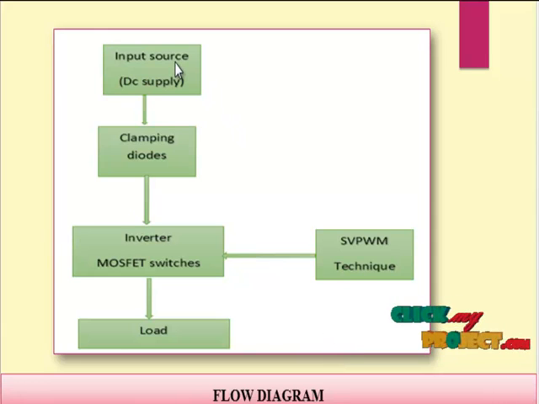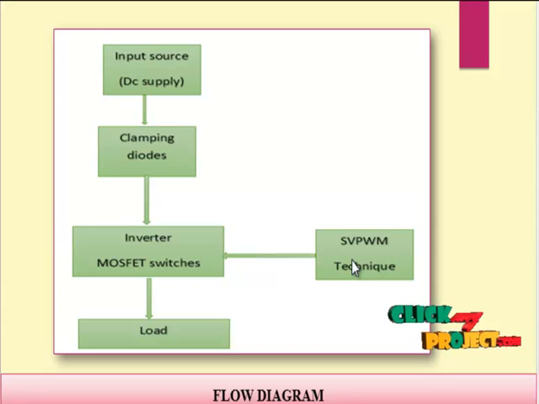The input source is a DC source, and that DC source is fed to the inverter block. This inverter block converts the DC to AC through the clamping diodes and MOSFET switches. After the conversion of DC to AC, that AC supply is fed to the load. Here we are using the space vector pulse width modulation technique.